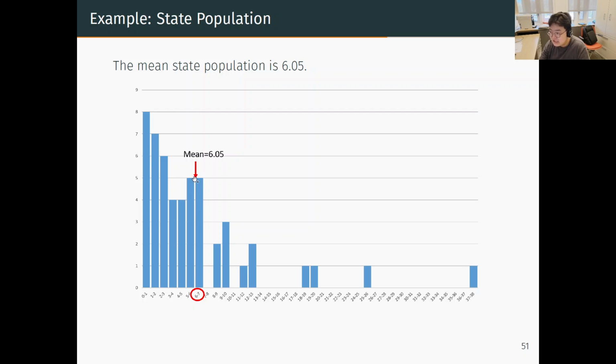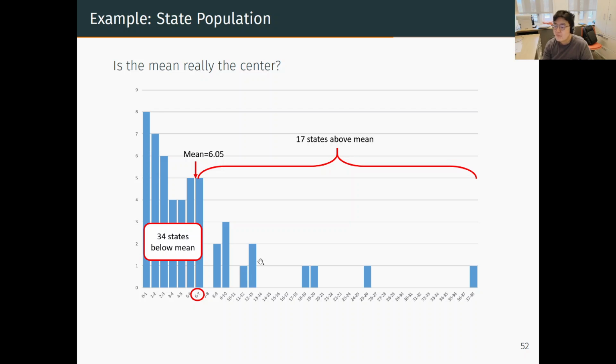But if you take this as the mean, and I said the mean is a representative number, somewhere in the center of the observations, there are only 17 states that have larger population than the mean. 34 states are smaller than the mean, right? So it's like 2/3 below and only 1/3 of the states above.